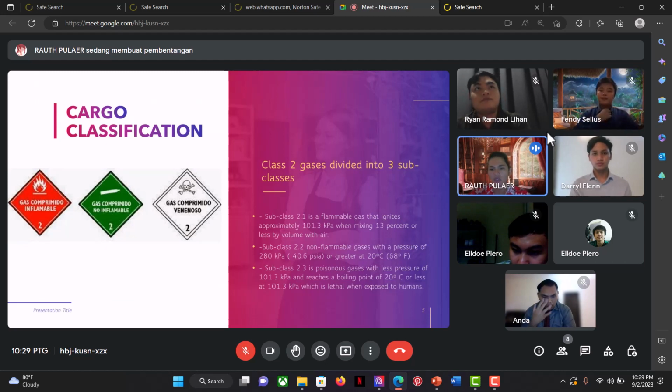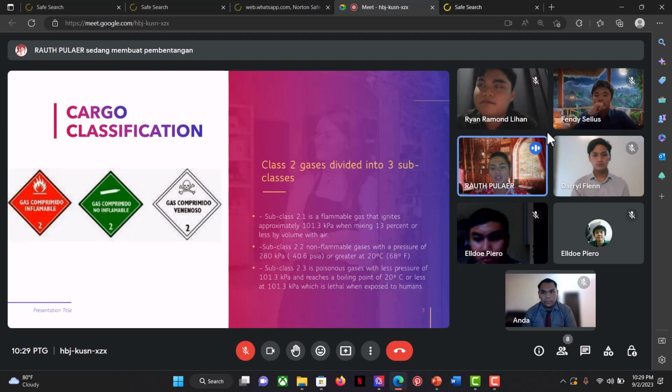Subclass 2.3 is poisonous gases with a boiling point of 20 Celsius or less at 101.3 kilopascals, which is lethal when exposed to humans.